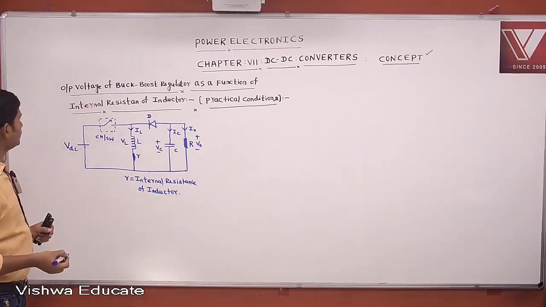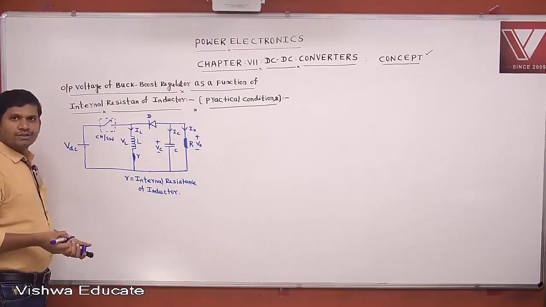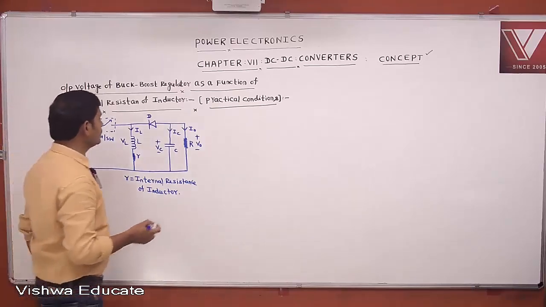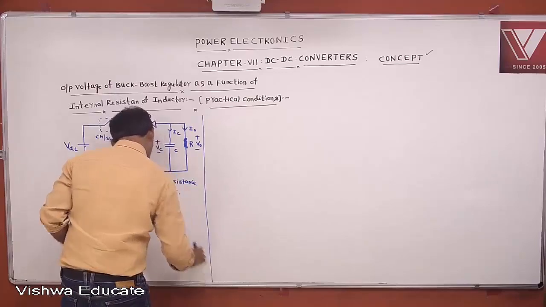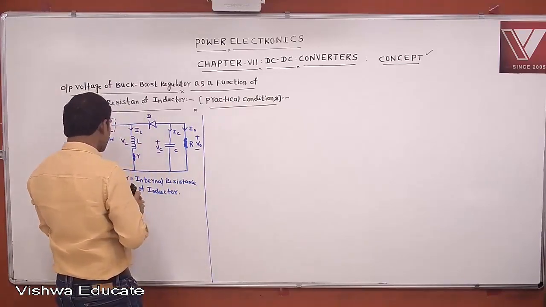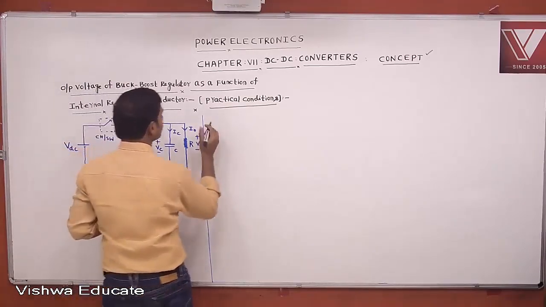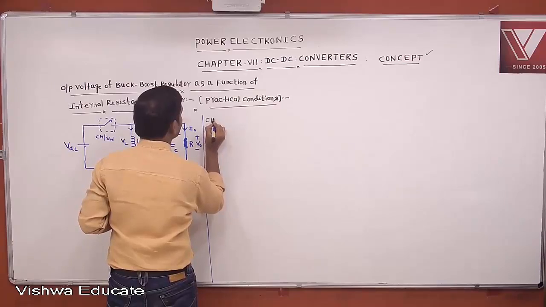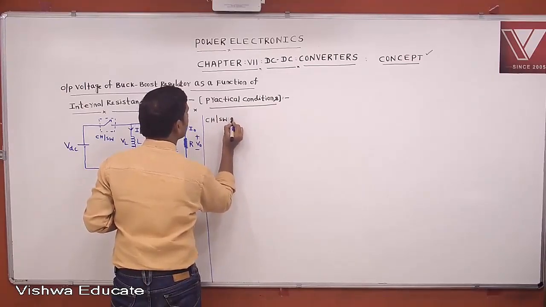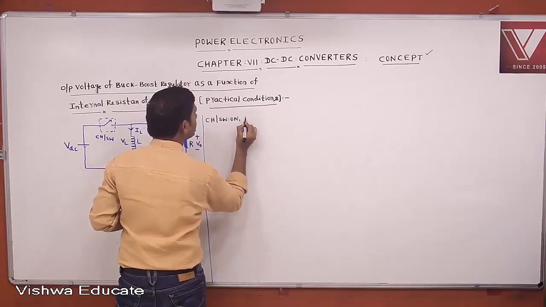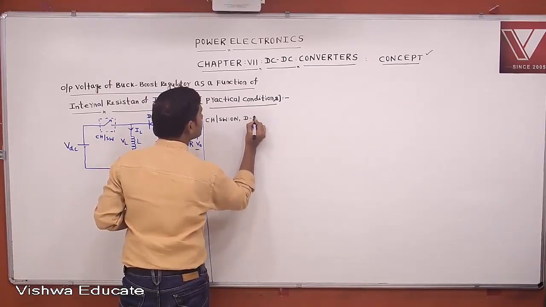One operation is nothing but one on and one off. Can you try for when the chopper or switch is on? Then what about the diode? The diode is in the off state.